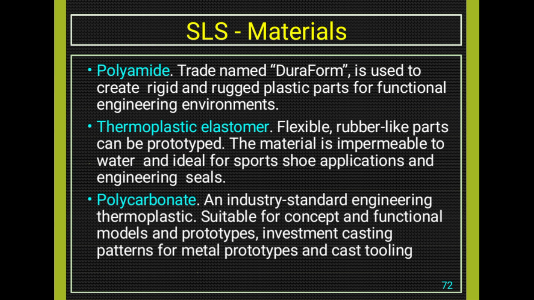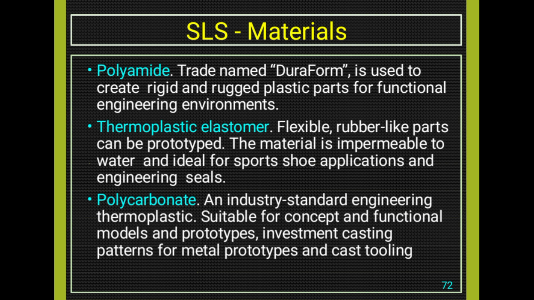So the materials which can be manufactured using SLS processes are polyamide. The polyamide trade name is Durafoam, is used to create rigid and rugged plastic parts for functional engineering environments. The next material is thermoplastic elastomer. It is a flexible rubber-like parts, can be prototyped.